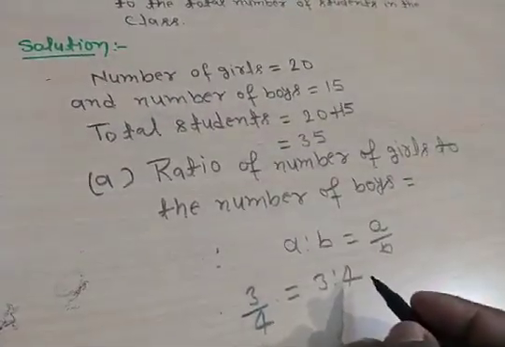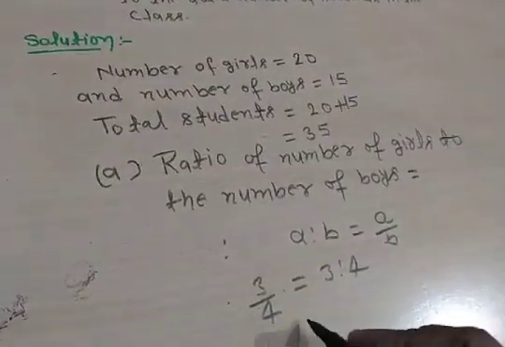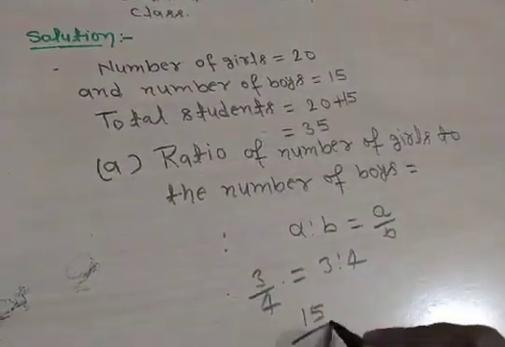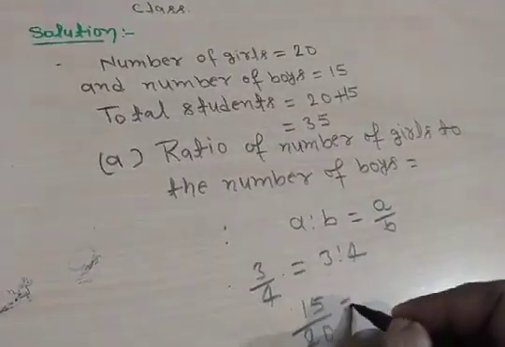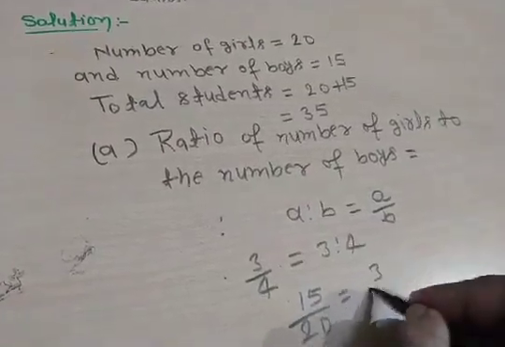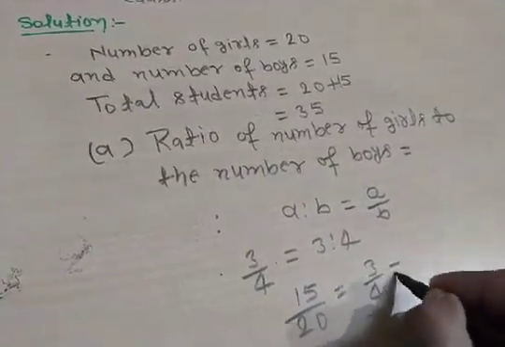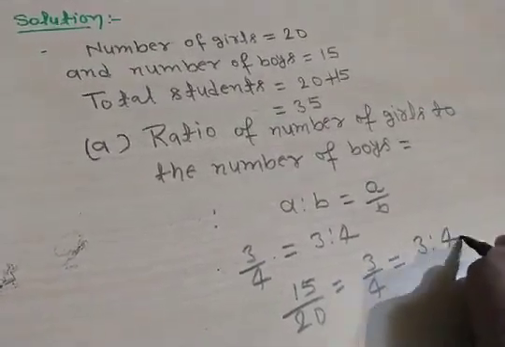Okay, so first we simplify it. Suppose we need to write 15 ratio 20, so first we write 15 by 20, and we simplify it, divide both numerator and denominator by 5, so you obtain 3 by 4, so we can convert in ratio 3 ratio 4. Clear?